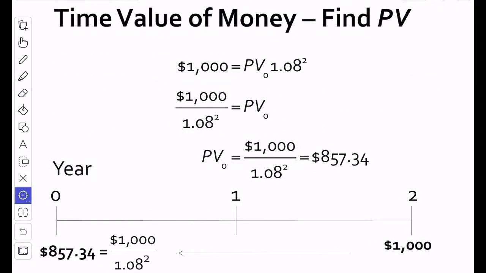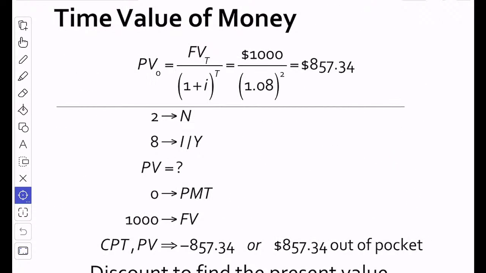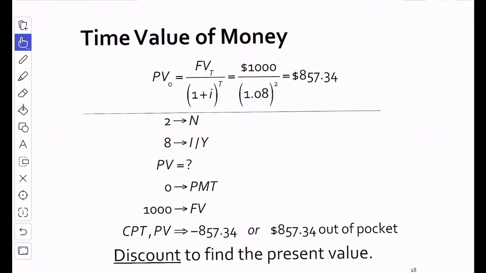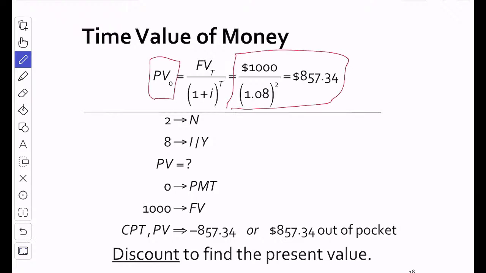How do we solve this in the calculator? Again, I set up the formula. This doesn't get me any points, but this does in a test type situation. That's all I want to see. And then entering into your calculator is very easy, just like we did before.